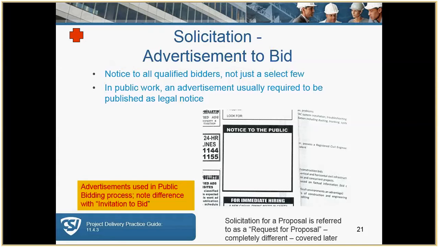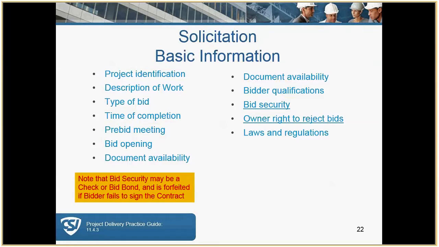We'll talk about RFPs a little later as part of solicitations. Any solicitation for bid basically has the following elements, and should include all of these. Bid security and the owner's right to reject bids are two important components to protect the owner. We'll talk about those in more detail, but keep in mind that the owner is not obligated to take the lowest bid or, for that matter, to take any bid.